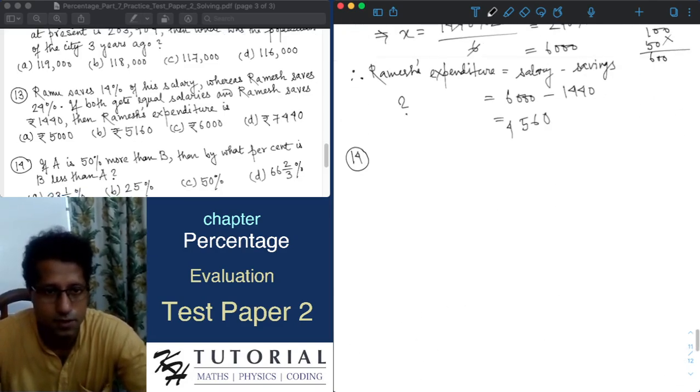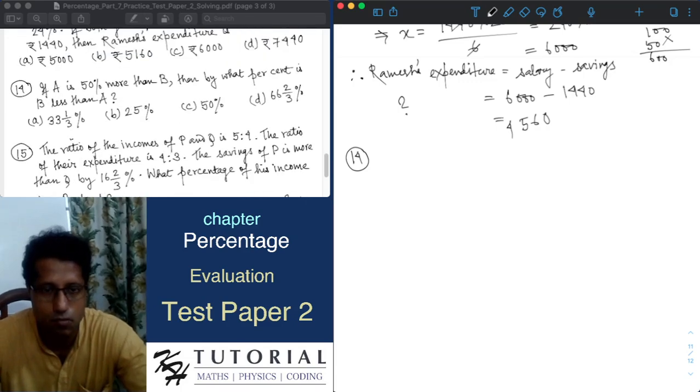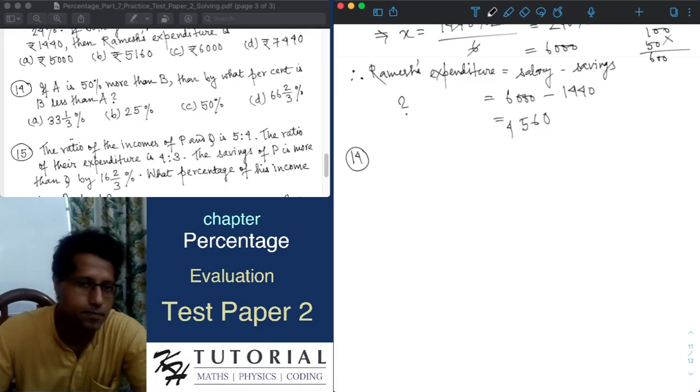Now question number 14 says, if A is 50% more than B, then by what percent is B less than A?